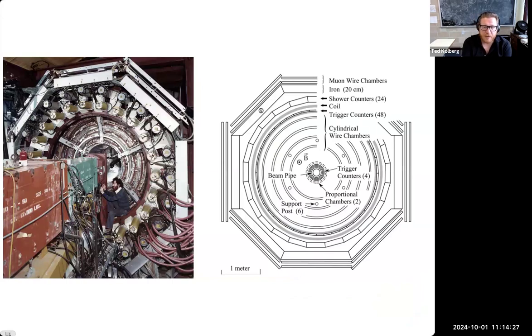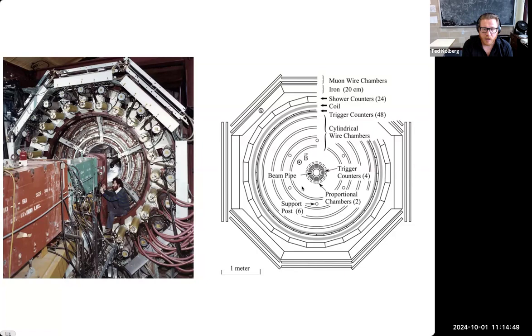This was a joint venture of SLAC and the Berkeley lab, which is just across the bay. And their idea was to build probably the first multi-purpose large solid angle magnetic detector, which they called the Mark I. So in the center of this, there was a cylindrical spark chamber inside of a solenoidal magnet.